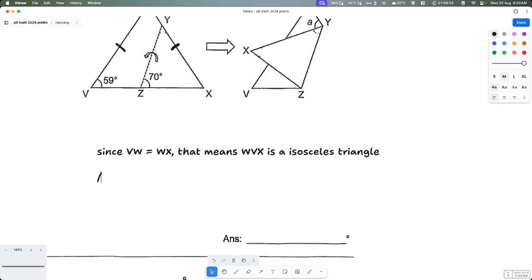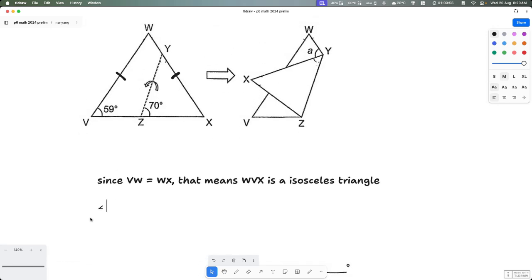So angle WVX is equal to angle WXV, which is essentially 59 degrees.